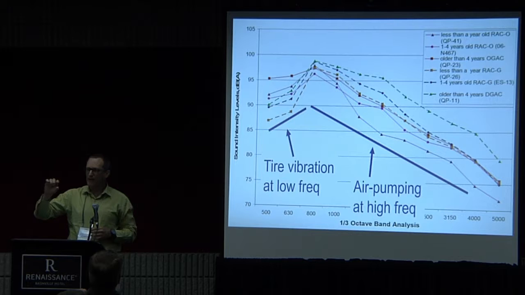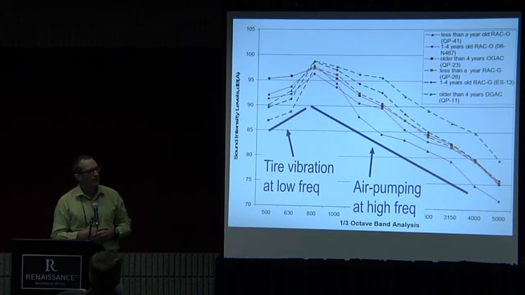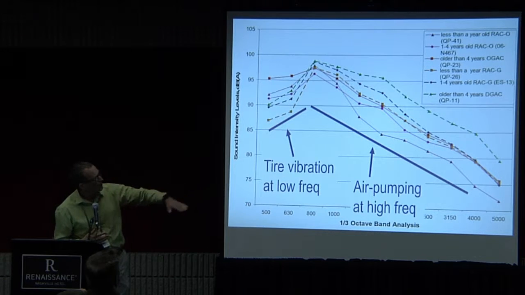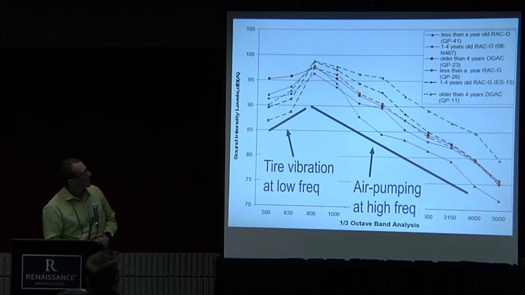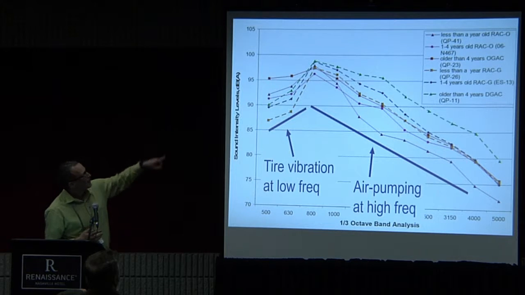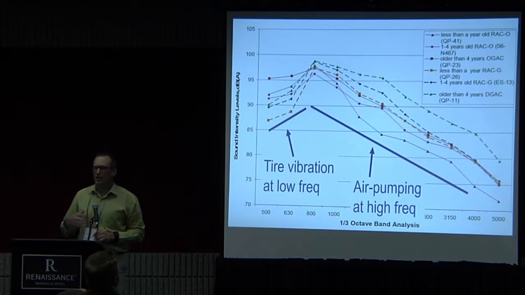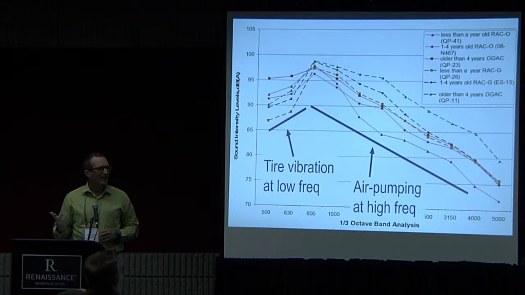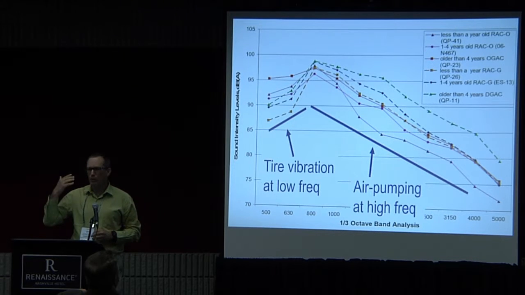So if we can give that air a short path to get out from under the tire, we can drop the high frequency noise. These are different frequencies on what's called a 1/3 octave band analysis. These are sound intensity levels in terms of A-weighted decibels, and the A is adjusted for human perception of different frequencies of noise.